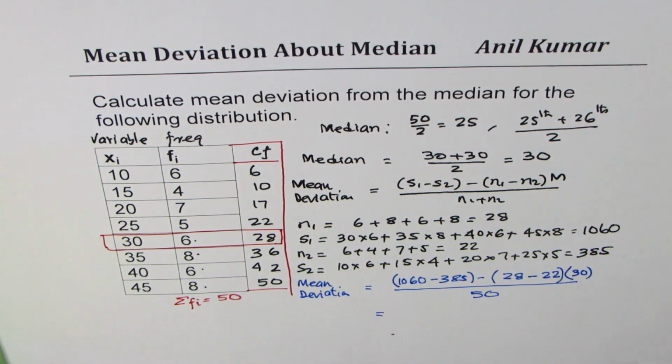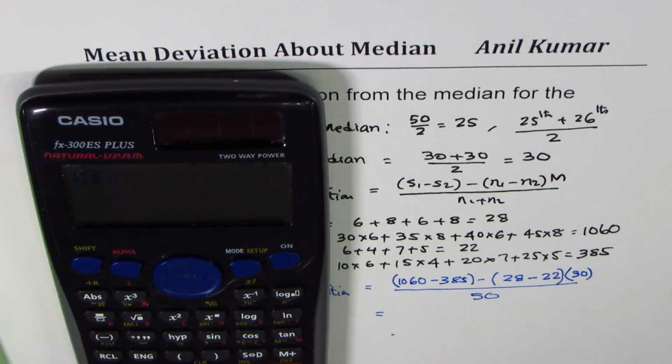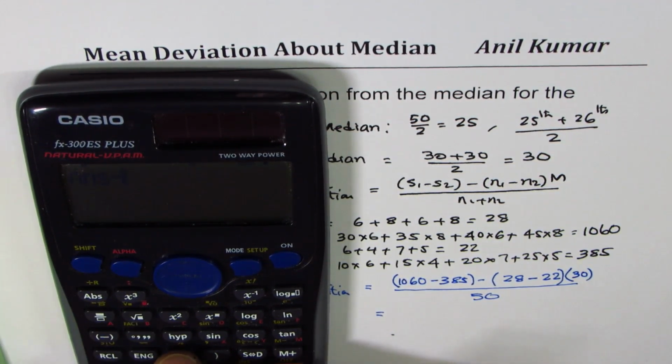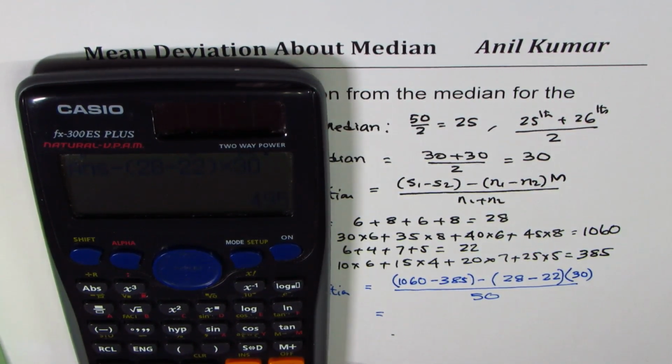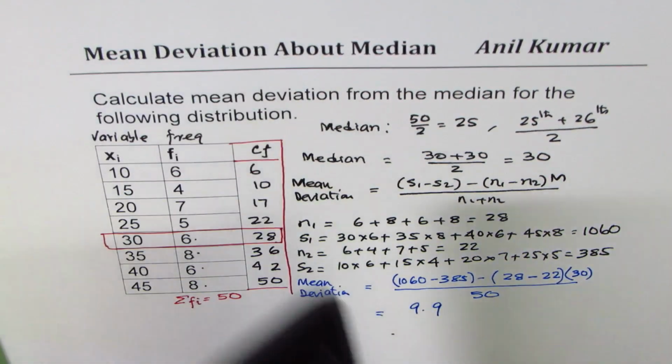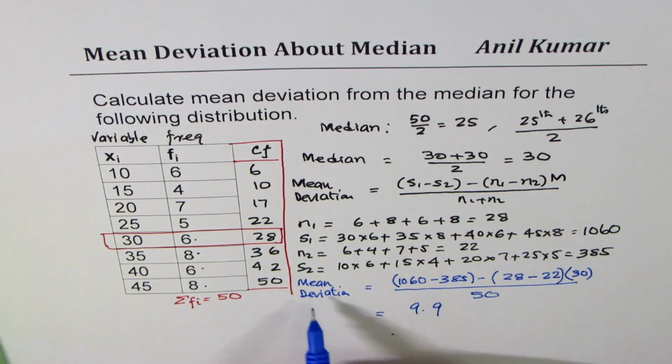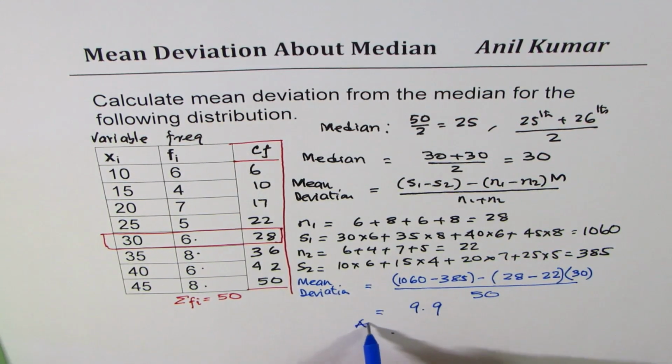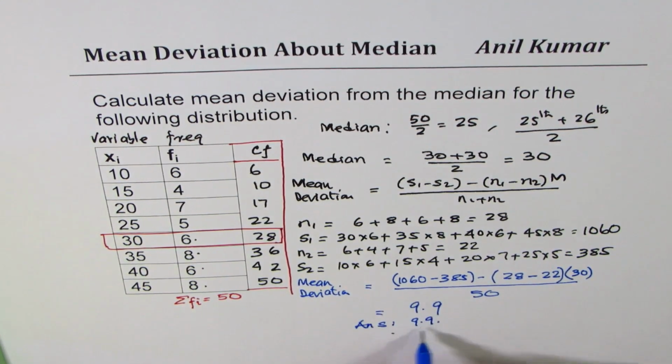And that is equal to, let's figure it out. 1060 minus 385 equals, and we'll take away from here within brackets, let me write 28 minus 22 times 30, which is 495, and we'll divide this by 50, which in decimals is 9.9. So 9.9 becomes the mean deviation for our case. The answer is 9.9, right?